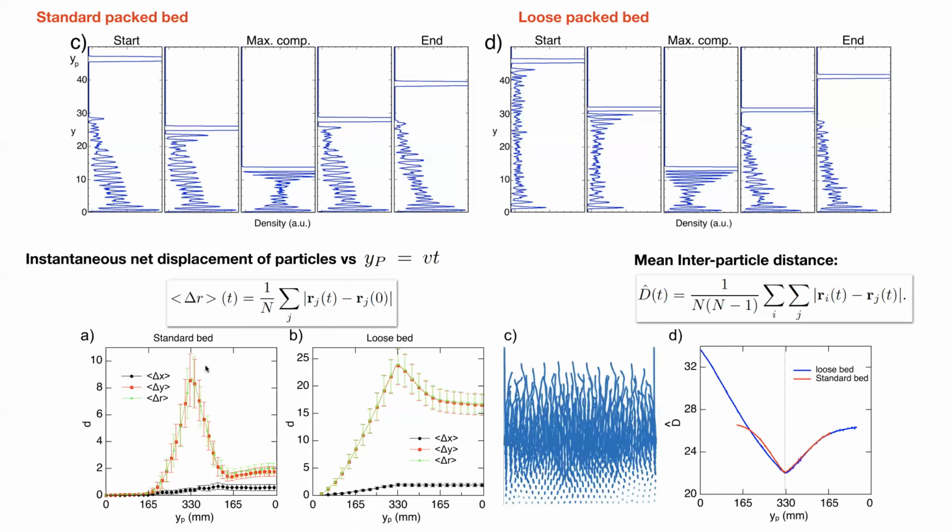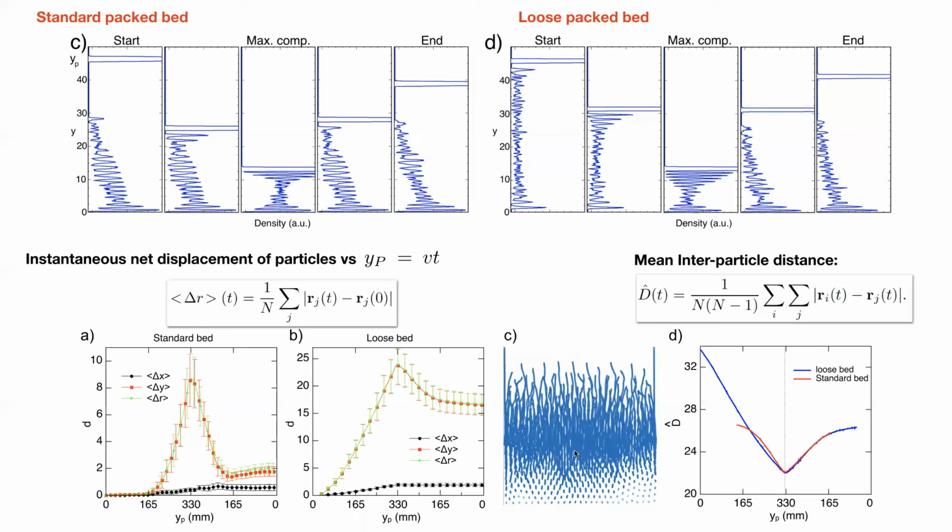So as you can see here, for the standard bed, this delta R increases, reaching a maximum when the maximum compression is reached, and then decreases during the expansion, and at the end the value is practically zero. The difference with the initial value is very small. But for the loose bed, you can observe that there is a huge difference between the final net displacement of particles compared to the standard packed bed.